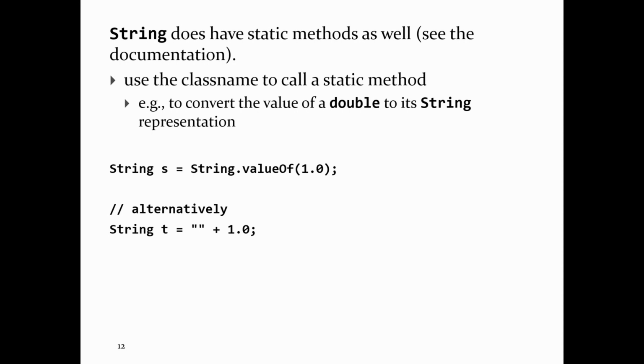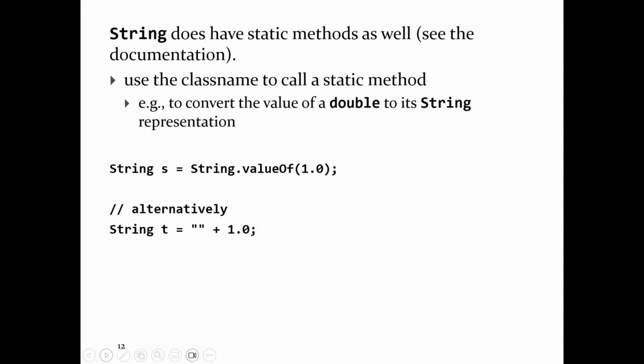String.valueOf true will give you back the string corresponding to the boolean value true, and so on. You can use valueOf. I think string concatenation is often easier to write, definitely shorter, but both of these work.